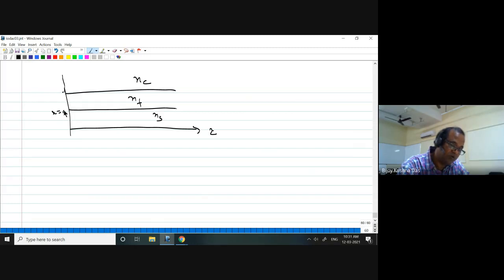X equal to 0, X equal to d, this is the X axis, this is the Z axis, and this is the Y axis. Now I have the Ey component, and I have Bx and Bz components. Now I have to find those constants.